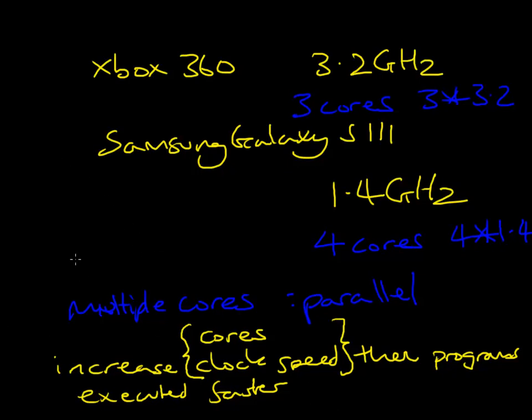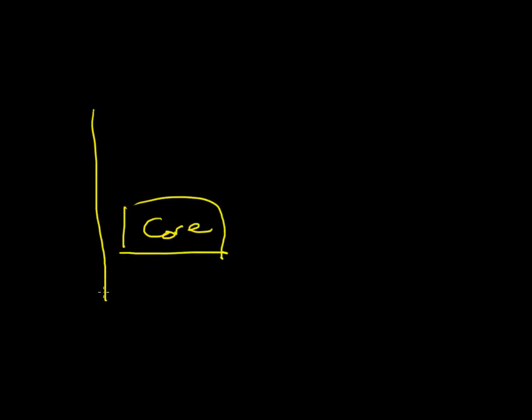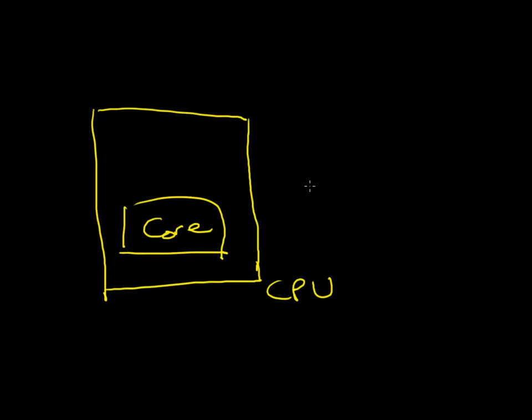Now, there's one extra little bit to the problem which we need to look at. So if we look at the processor design at the moment, what we have is a core, and there's another part to it which we'll come to, and that makes up my CPU, and I'm able to put inputs into that, and I'm able to get outputs out from it.